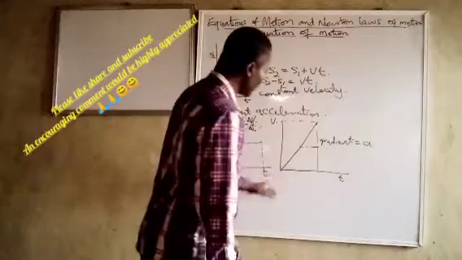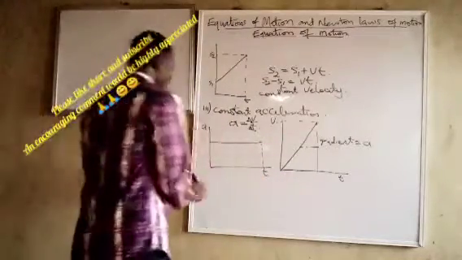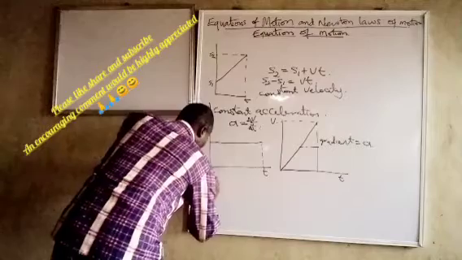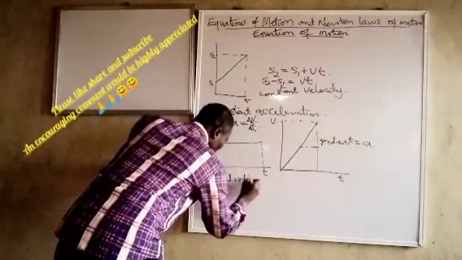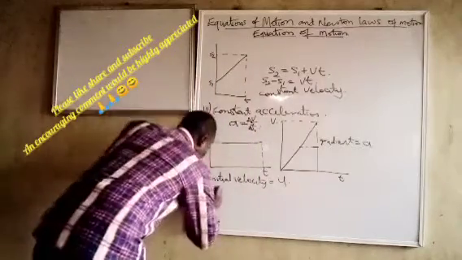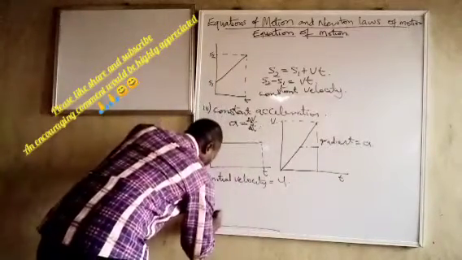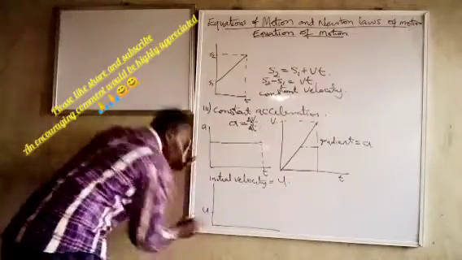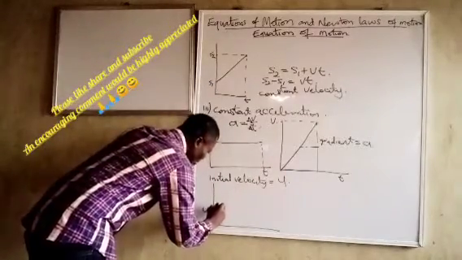Can you see? So when you get this, A with time is constant. V with time changes. Now, let's assume that our initial velocity is U. So from this graph now, you can see we have U, and then it will now change with time.